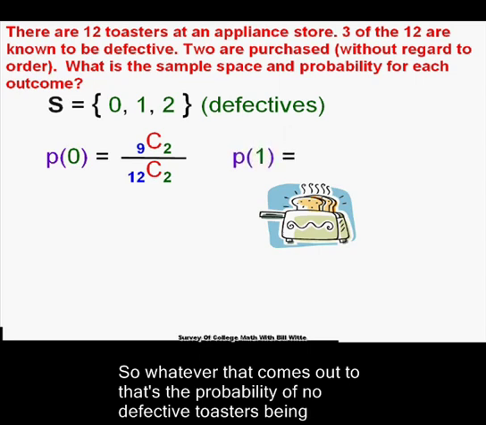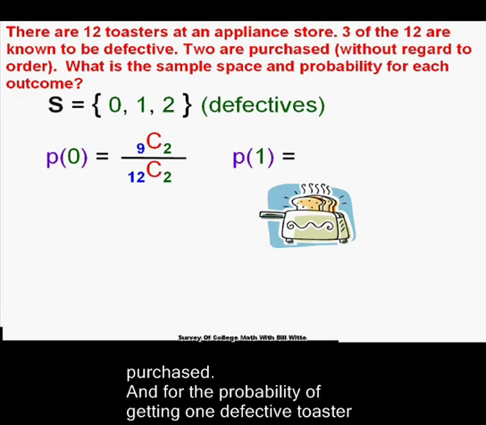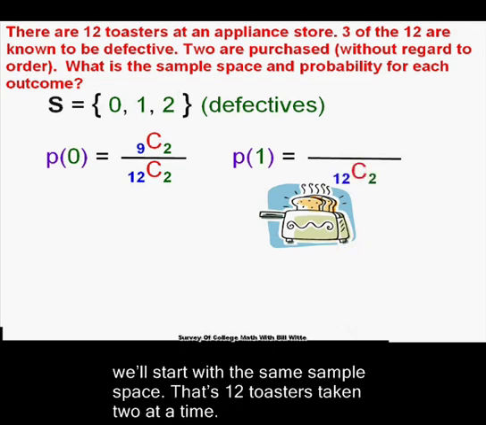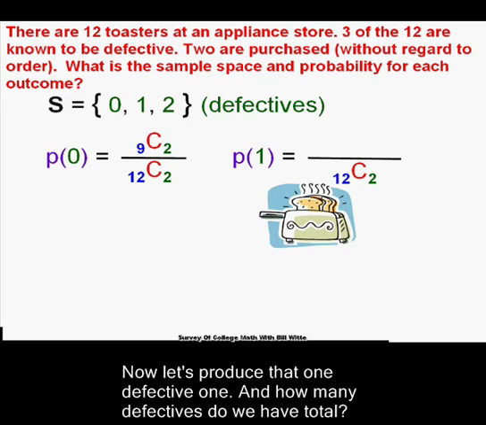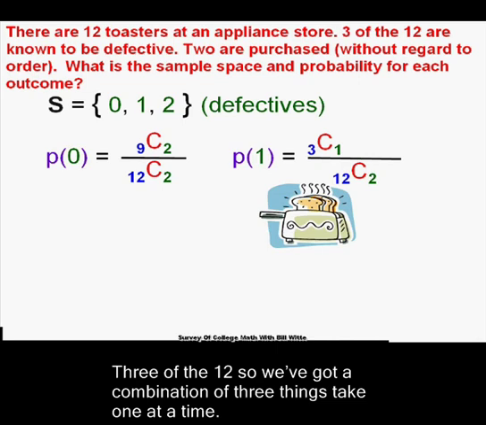Okay, now the probability of 1 defective will start with the same sample space, 12 toasters taken 2 at a time. Now, let's produce that 1 defective one. And how many defectives do we have? 3 of the 12. So we've got a combination of 3 things taken 1 at a time.